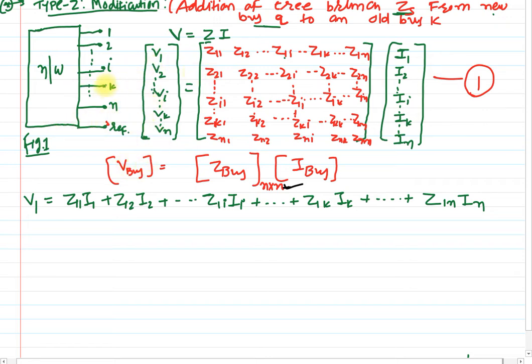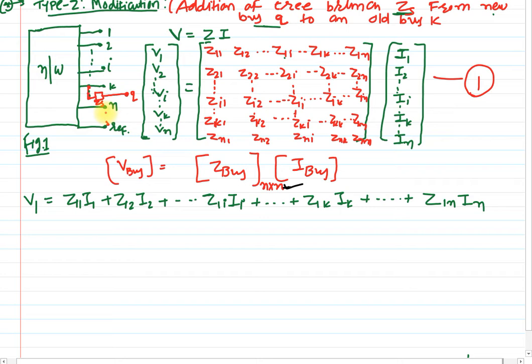So now let us consider the case where the tree branch ZS from new bus Q to an old bus, which is added from a new bus Q to an old bus K. So let me draw over here the self impedance of ZS and the bus number Q is added on bus number K. Clear?